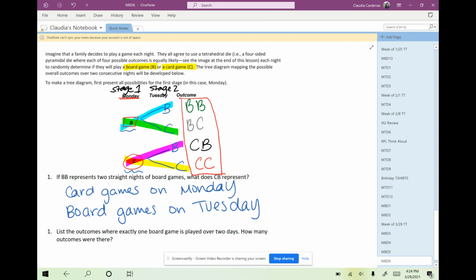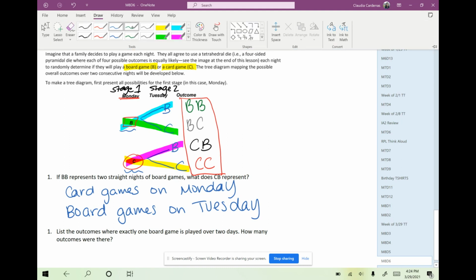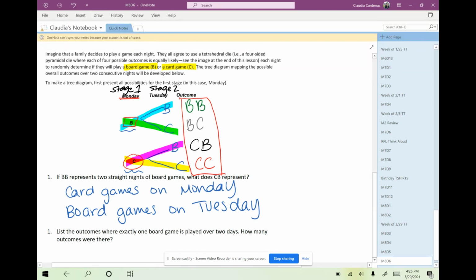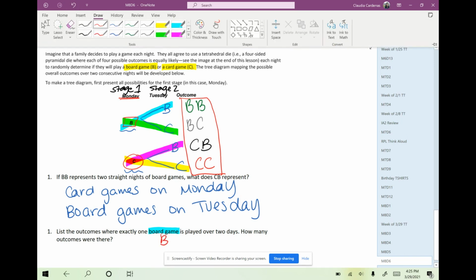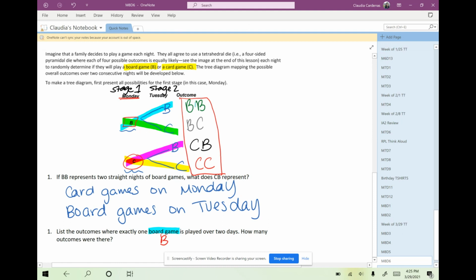Finally, they want us to list the outcomes where exactly one board game is played over 2 days. So let me use another pen that we can see. We're looking for all the outcomes that have only one B. This one has 2 B's, this one has 1, and this one has 1.